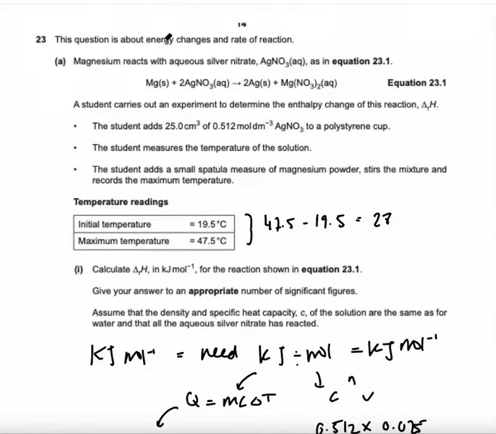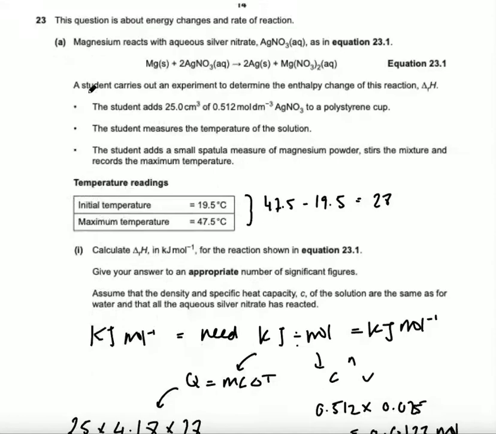This question is about energy changes and rate of reaction. Magnesium reacts with aqueous silver nitrate, AgNO3, as in the equation over here. A student carries out an experiment to determine the enthalpy change of this reaction. The student adds 25 centimeters cubed of 0.512 moles per decimeter cubed of silver nitrate to a polystyrene cup. The student measures the temperature of the solution.